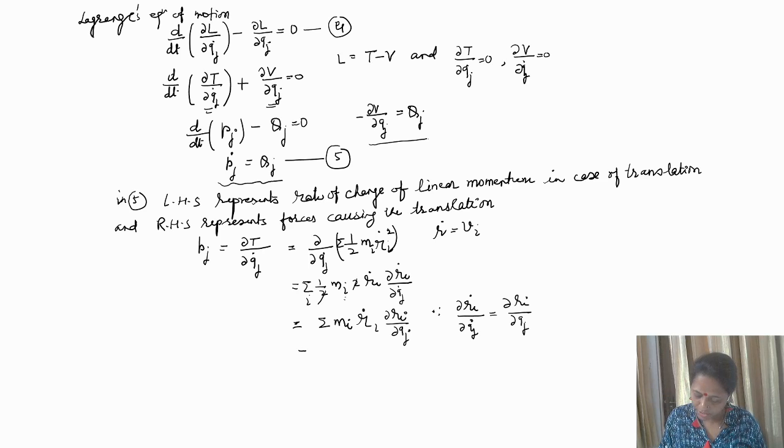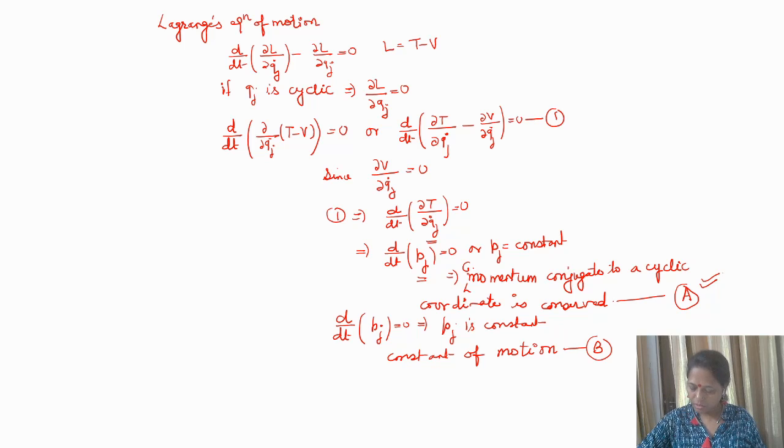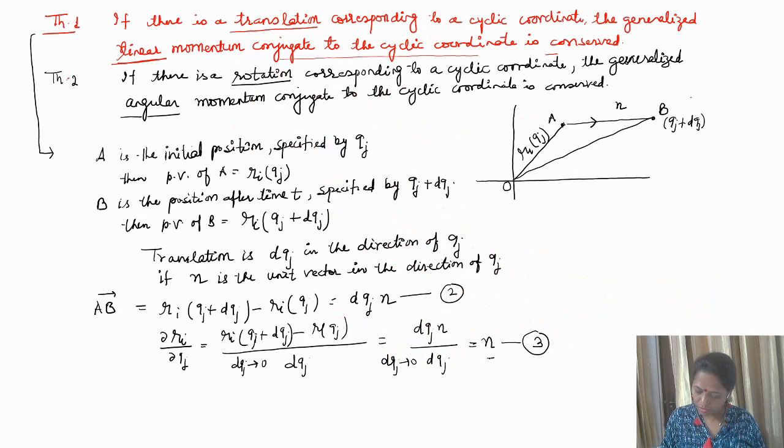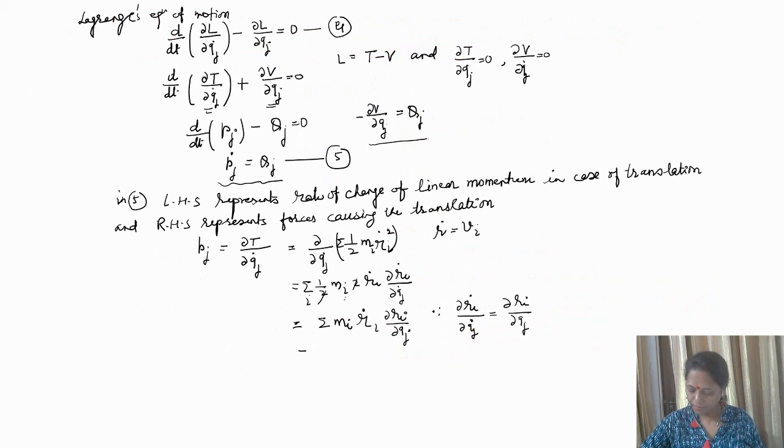Now what is this delta ri by delta qj? This is n from 3. So it is summation mi ri dot n. You may put a dot symbol between the two because n is a vector. ri dot is also a vector. What is ri dot? It is vi, so mi vi dot n.